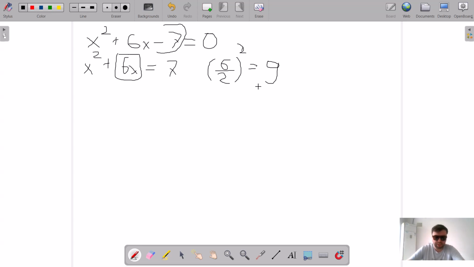Okay, so we need to add this result, b divided by 2 squared, to the equation, to both sides. So let's write x squared plus 6x plus 9. Yes, we add 9 to both sides, equals 7 plus 9.